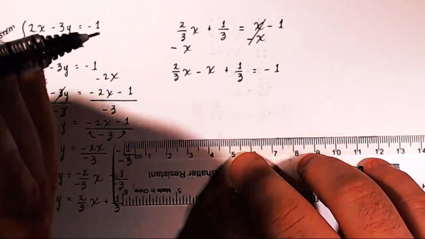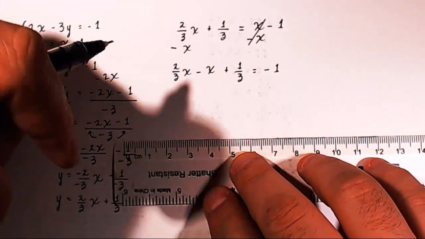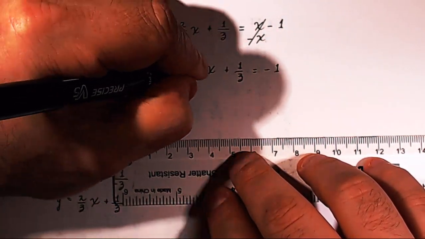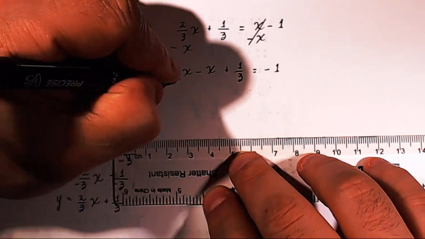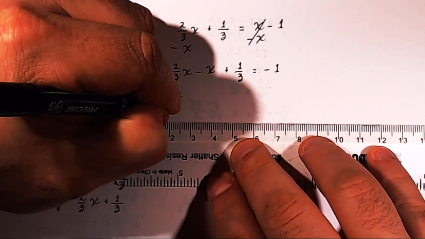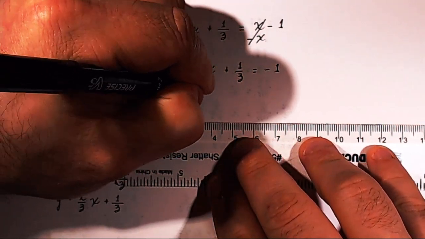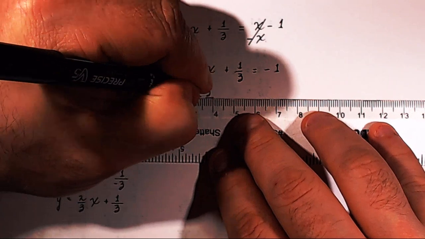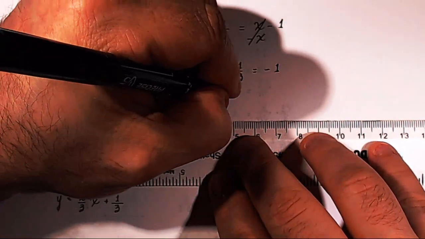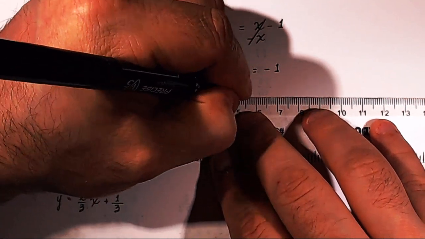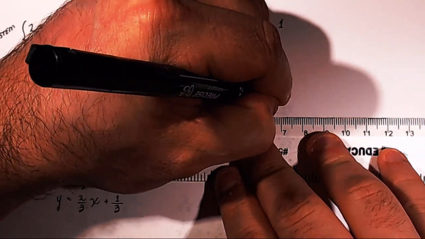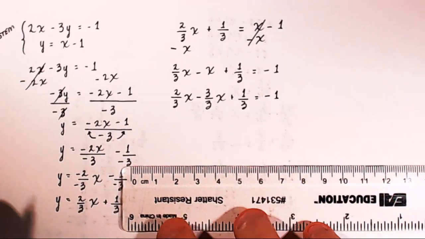So I need to write 1 in terms of 3. So what I'll do is I'll multiply that invisible 1 by 3 over 3, and I'll get 2/3 x minus 3/3 x, because 3 over 3 is just 1, plus 1/3 equals negative 1. Okay, we're on our way.